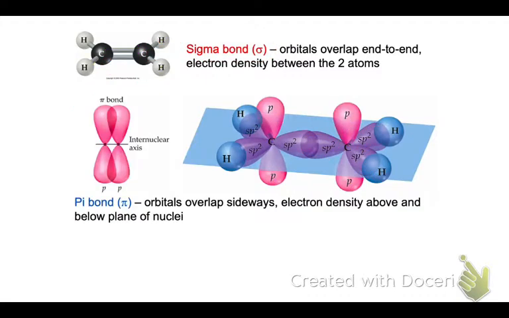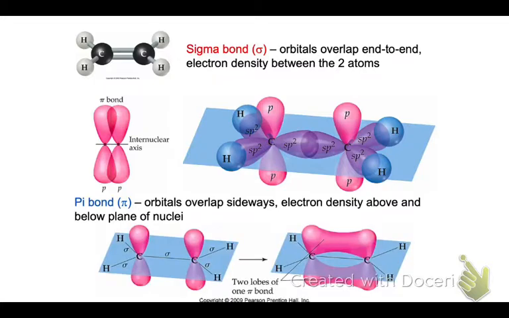So this is here showing the picture of what a pi bond is. A pi bond is when orbitals overlap sideways, with electron density above and below the plane of the nuclei, like the picture here shown in pink. So another nice representation here, look at it. I'm going to color code for you again.